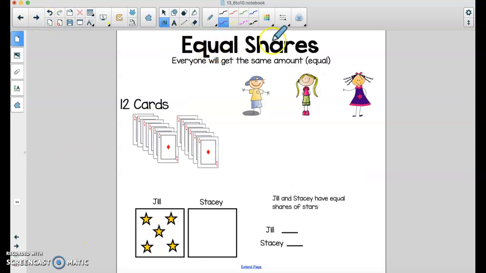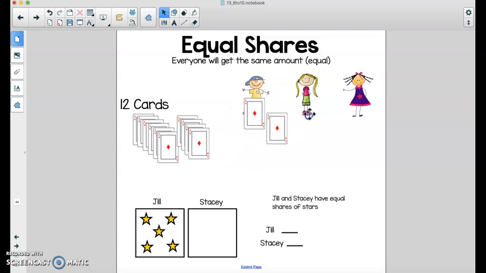All right, now we're going to talk about equal shares. Equal shares is that everyone gets the same amount so that it's equal. So if I had right here 12 cards and I had 3 kids, all the kids would get the same exact amount so that nobody would fight once again. So he gets 1, she gets 1, she gets 1. Now we do it again.